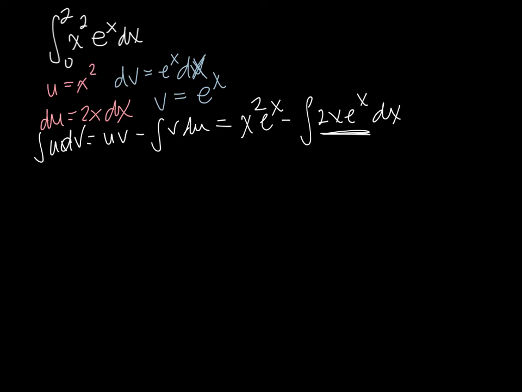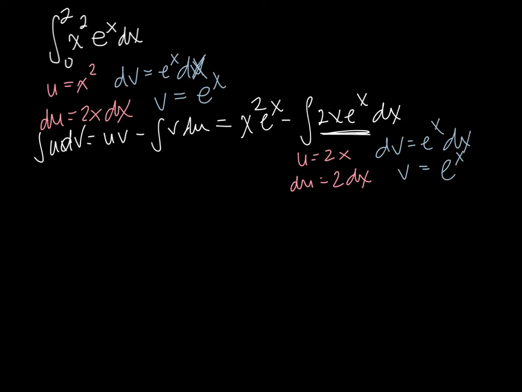So this time I'm going to pick u to be 2x and dv to be e to the x dx. Okay, the differential for u, du: the derivative of 2x is 2, and the differential is 2 dx. And then integrating dv, we get v. Integrating e to the x, we get e to the x.